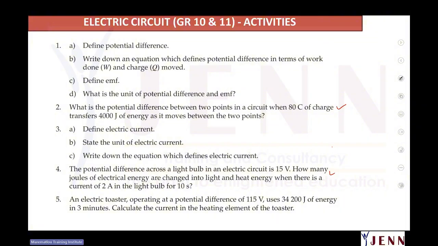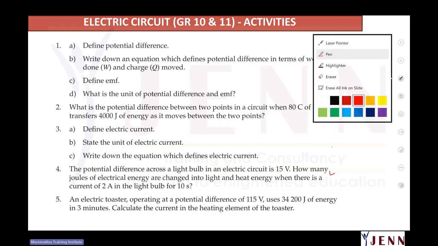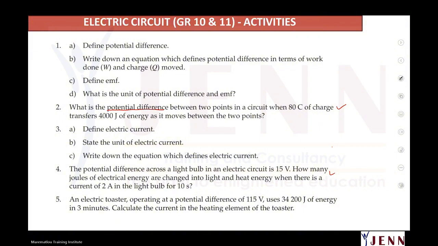Okay, we are back. Let me just quickly check if we were able to answer this question. Question 2 says: what is the potential difference between 2 points in a circuit when 60 coulombs of charge transfers 4,000 joules of energy as it moves between the 2 points?